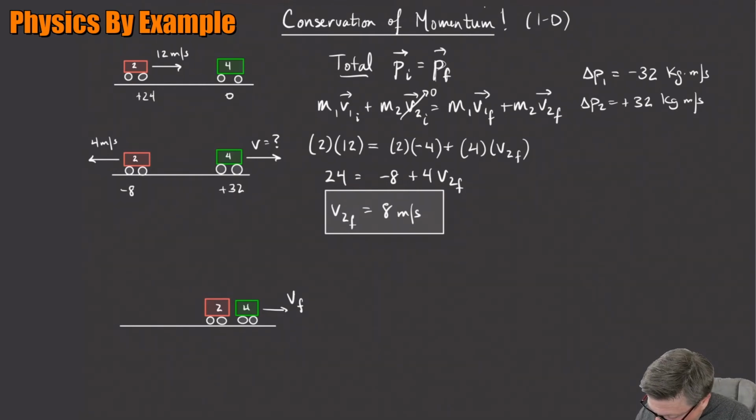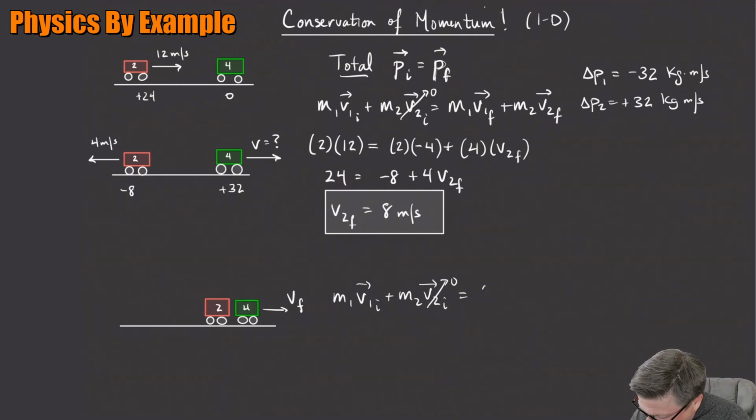If they both stick together, initially I have M1 V1 initial plus M2 V2 initial, but we said that was 0, right? And then if they stick together at the end, I'm going to have M1 plus M2 times V final. So now all I need to know is one initial speed, and then I can solve for the final speed, because that's the only variable left that I don't know yet.